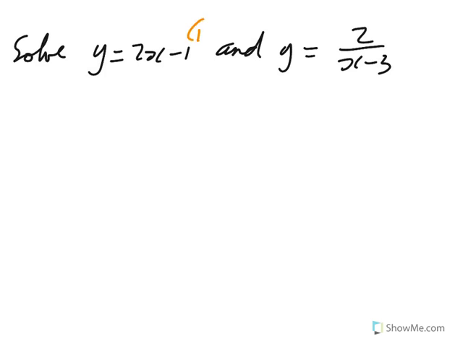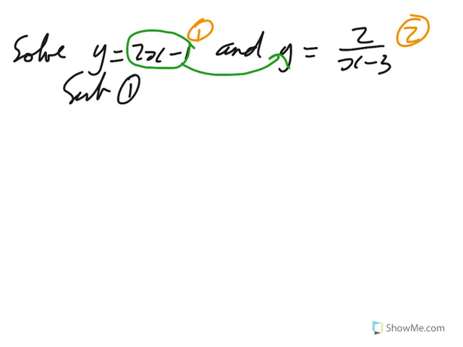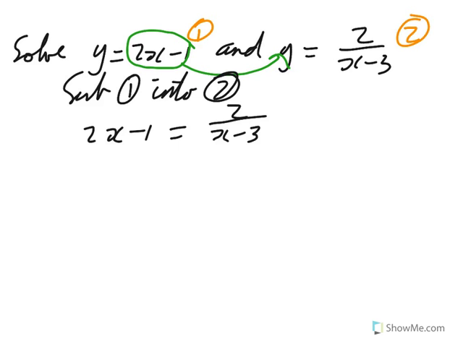Okay, so there's our two equations. We've got y equals 2x minus 1, which is one equation, and y equals 2 over (x minus 3). Again, we're going to look at substituting 1 into 2, and 1 tells us that y equals 2x minus 1. So substituting, 2x minus 1 equals 2 over (x minus 3).